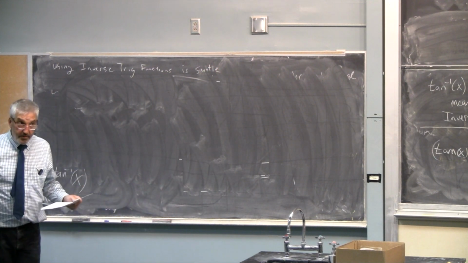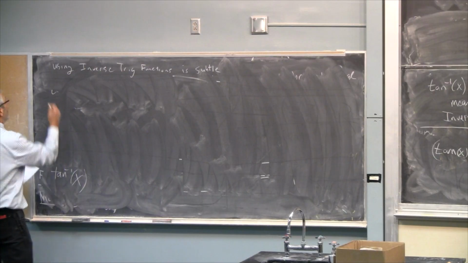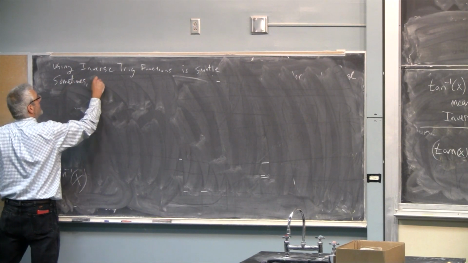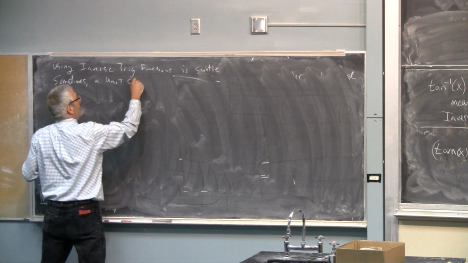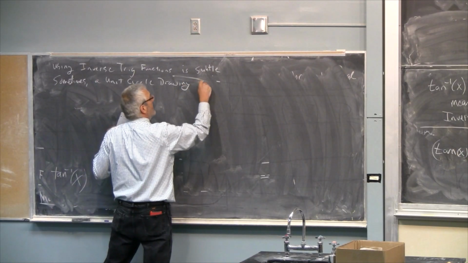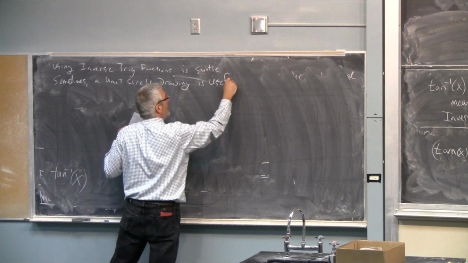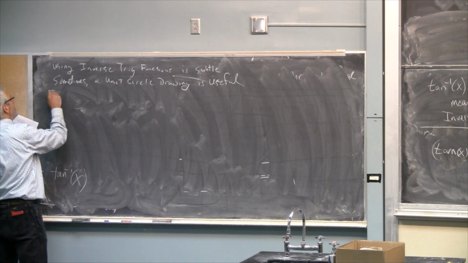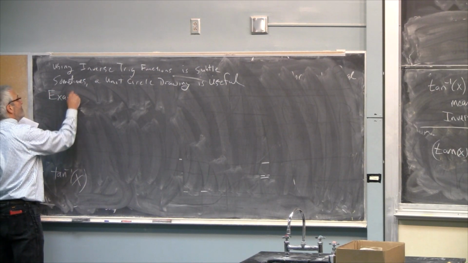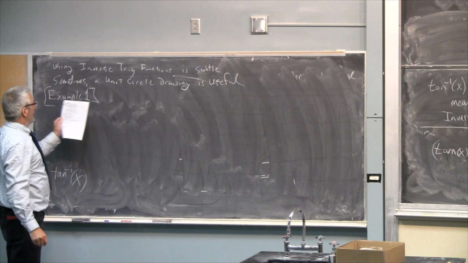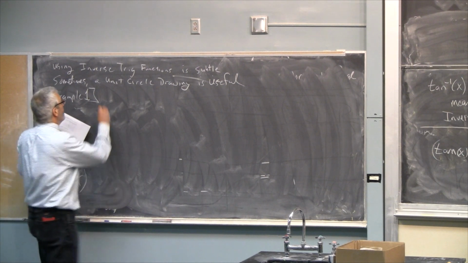So sometimes a unit circle drawing is handy. So here's example 1. This is similar to 3.5 number 5.